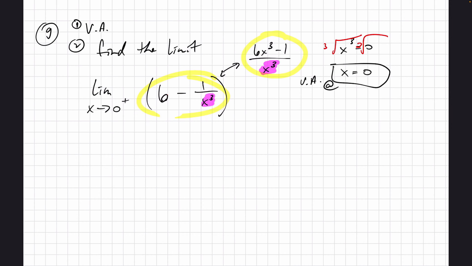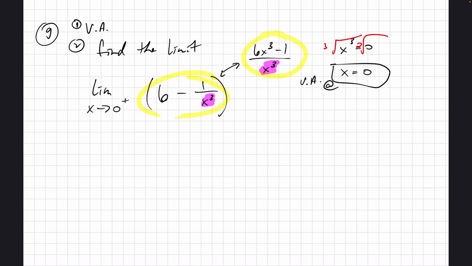If you're more comfortable actually subtracting them, that's what the answer is. Whichever way you're more comfortable with, you're going to get the same answer for both. So there's an asymptote at 0.